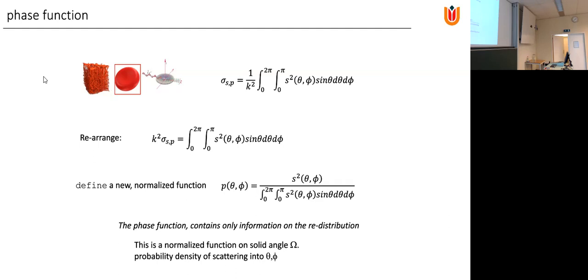So in order to do that, from the top equation, we bring k squared to the other side of the equation. The rest still contains information about the strength, but by normalizing it, that falls out. So now it only contains information about the angles, about the redistribution. Okay.